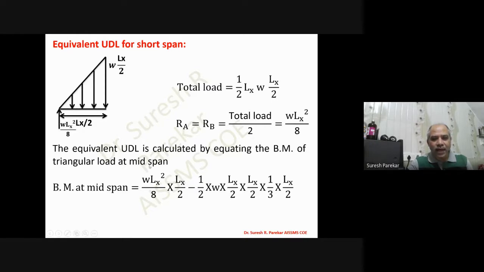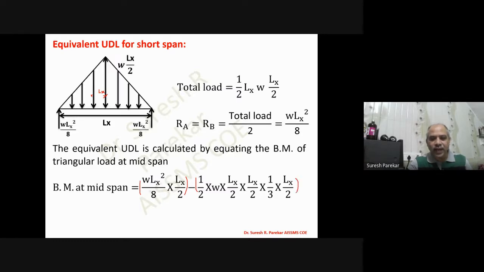This first part is due to reaction, and then minus half into WLx by 2 into Lx by 2, and the CG will act from this, and that will be Lx by 6, that is one third of Lx by 2. And then this will be the total moment which is due to triangular load.